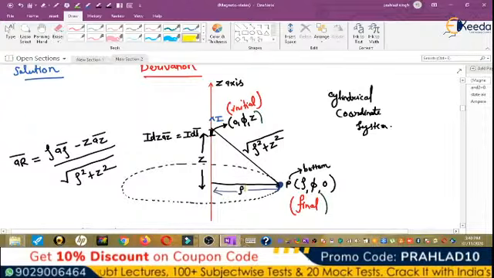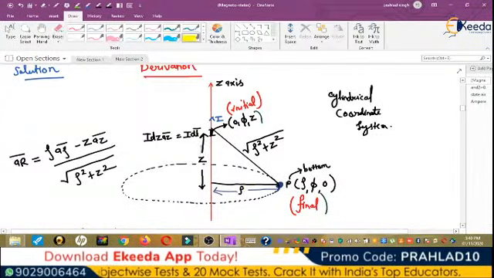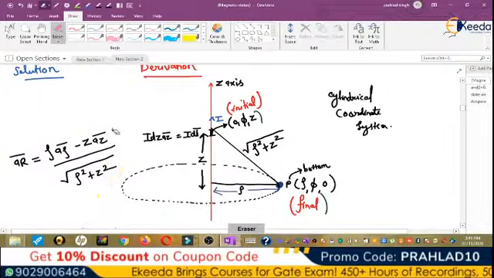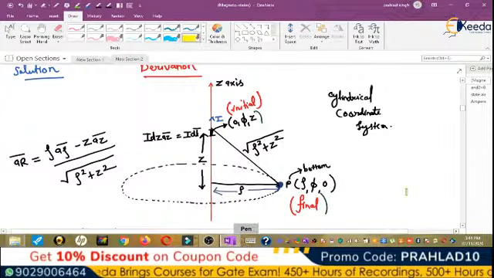So the perpendicular distance is rho and the height is z. Here I dz is the current element vector. So the AR vector is rho a_rho minus z a_z divided by the square root of rho squared plus z squared.